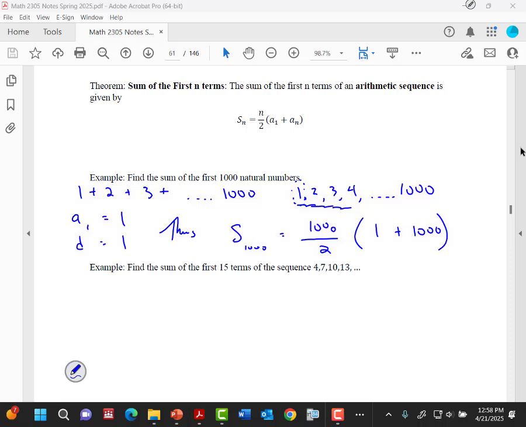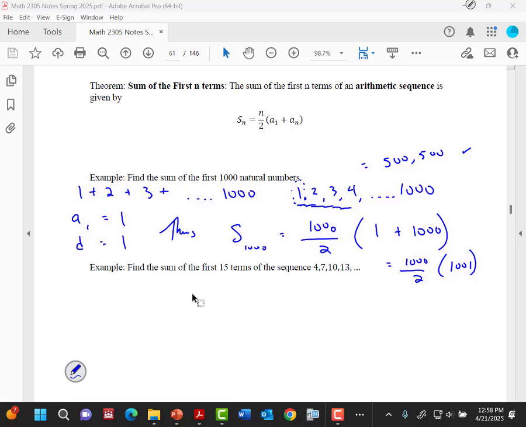And so if I run this through, I would get 1,000 over 2 times 1,001. And this should look strikingly similar to a formula that we've seen many times to compute the sum of the first n natural numbers. It's simply n times n plus 1 over 2. And that's exactly what I have right here. And so if I run this through, I should get a sum of 500,500.